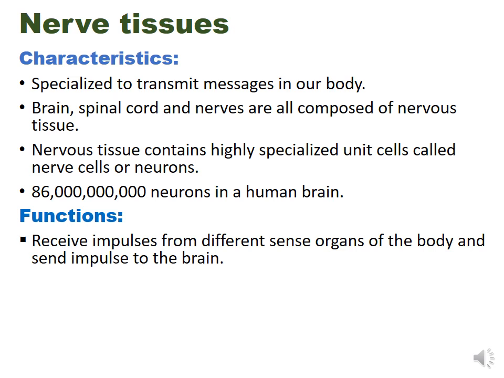It receives impulses from different sense organs of the body and then sends impulses to the brain. And the active parts of the body then respond to that stimulus. Such as when a mosquito bites, this stimulus is sent to the brain, and then the brain informs the hand, and the hand then tries to kill the mosquito.